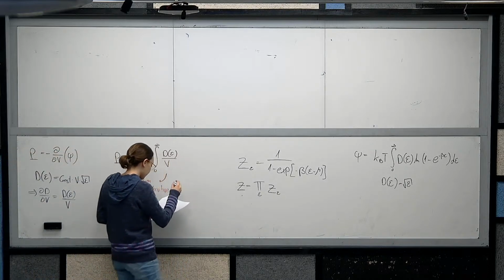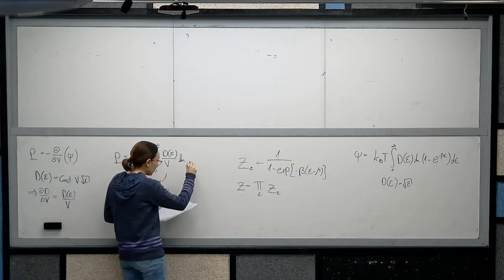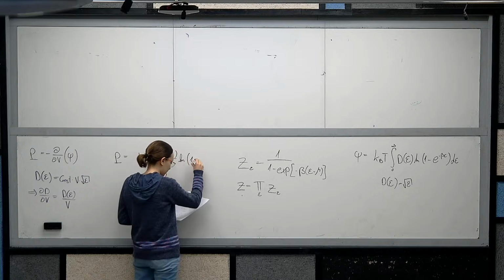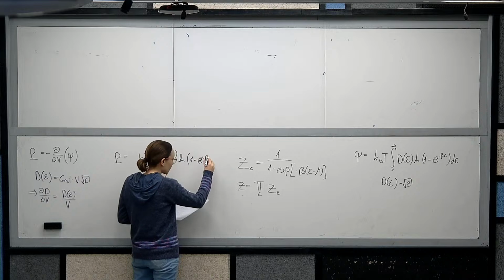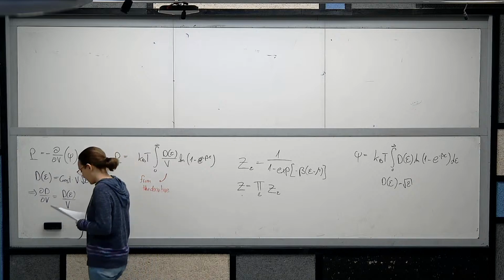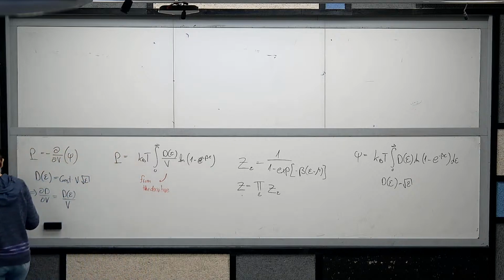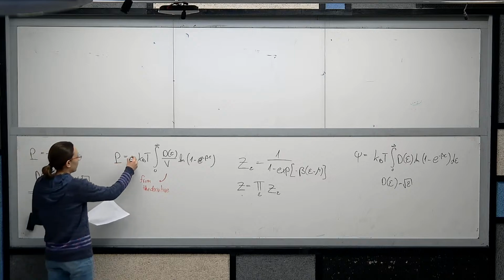Okay, and we have ln of 1 minus e to the minus beta epsilon. What about the minus? P equals to minus d. Right, here minus, thank you.